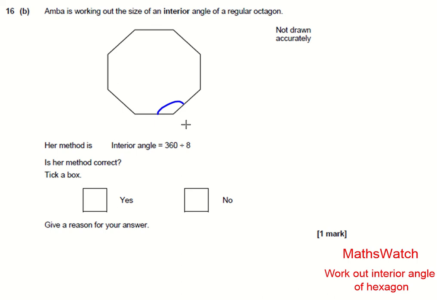What she's actually thinking of is an exterior angle. Here is an exterior angle. That is always found by doing 360 divided by 8. So her method is not correct, and the reason is that it would find the exterior angles.